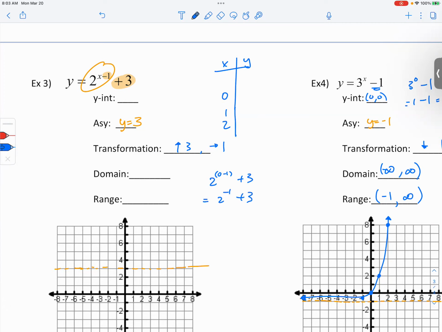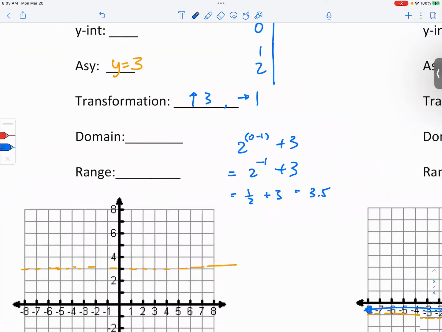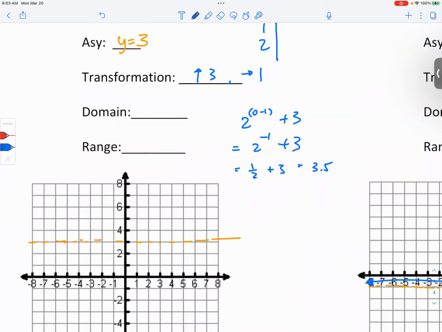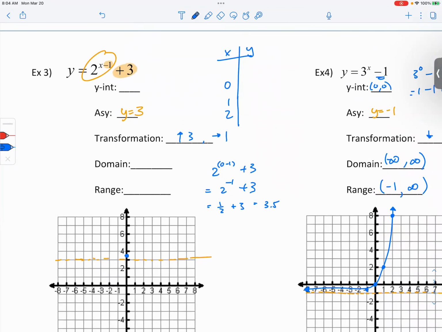So you ask yourself, what is 2 to the negative 1 power? 1/2. 1/2 plus 3 is 3.5. So that means when x is 0, the y value is 3.5. Okay.